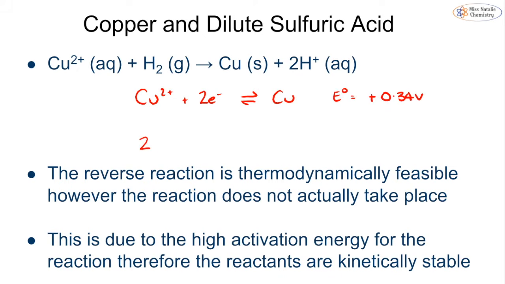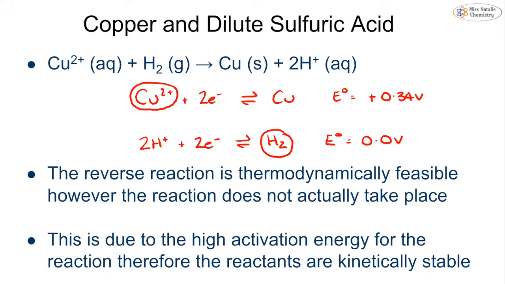we have our hydrogen, and that is, of course, 0. When we look at this particular reaction and we start with the Cu2 plus and the H2, the more positive value, remember, is shifting the position of equilibrium to the right.